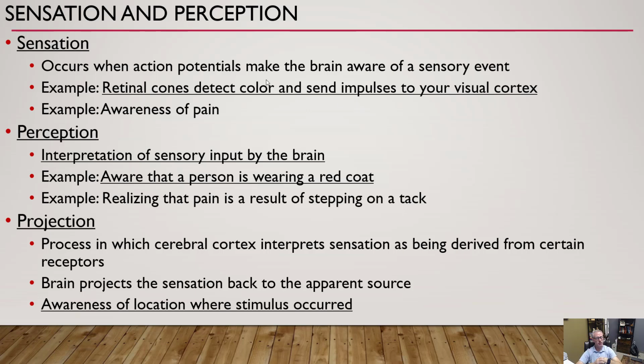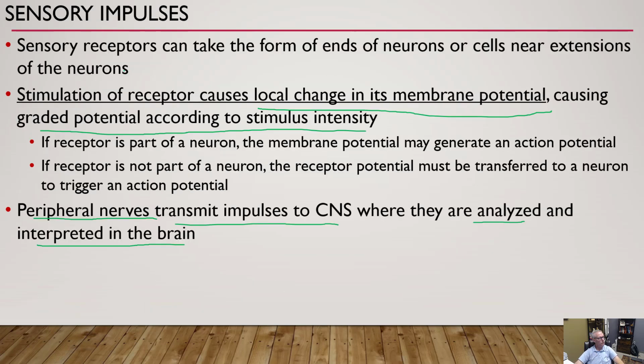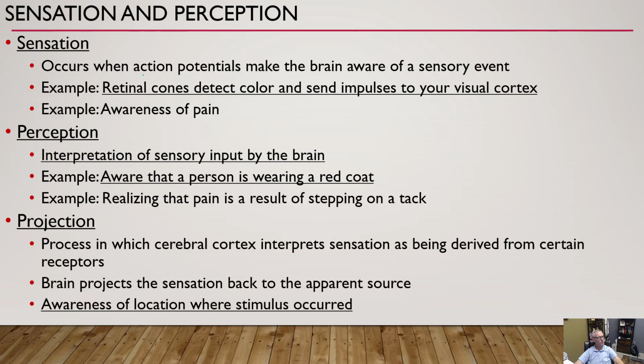So sensation is the least detailed order, and projection is the most detailed order. So sensation is basically, you know something's going on, but you're not sure exactly what it is or where it is. So basically it occurs when action potentials make the brain aware of something.